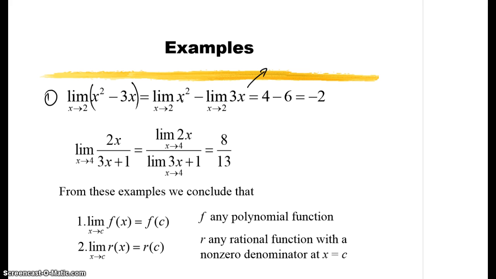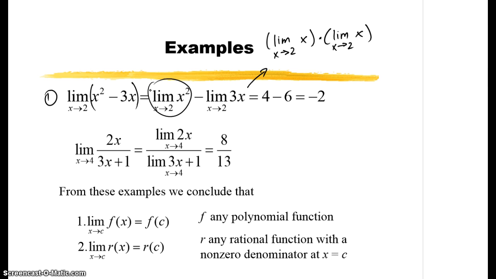The limit as x approaches 2 of x squared could be further broken down by the product property as the limit as x approaches 2 of x times the limit as x approaches 2 of x, right? Because x squared is the same as the product x times x. So that gives us this first limit here.